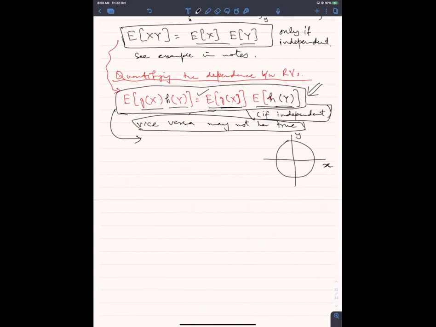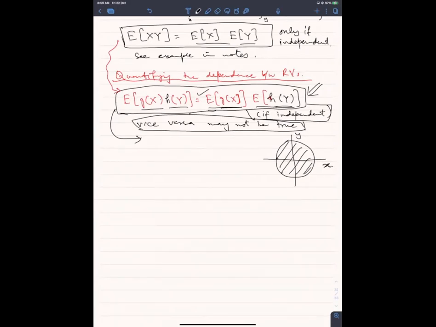So if there is a circular region and the density function of x and y is uniformly distributed over this region, ये एक ऐसी एग्जांपल हमने पहले भी की थी. So इस रीजन के ऊपर ये uniformly distributed है, then x and y they will be dependent.